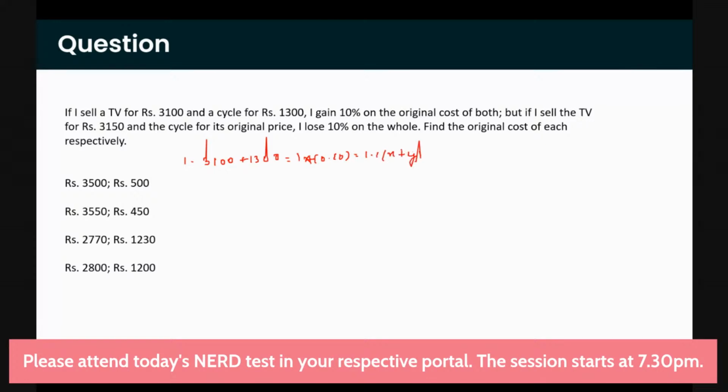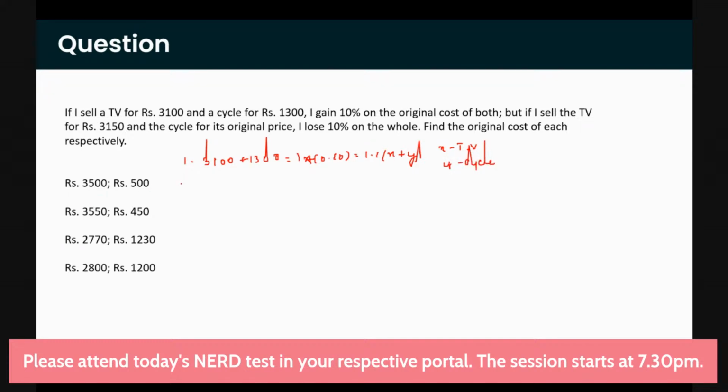Here the original cost of the TV is x and the original cost of the cycle is y. So x is TV and y is cycle.